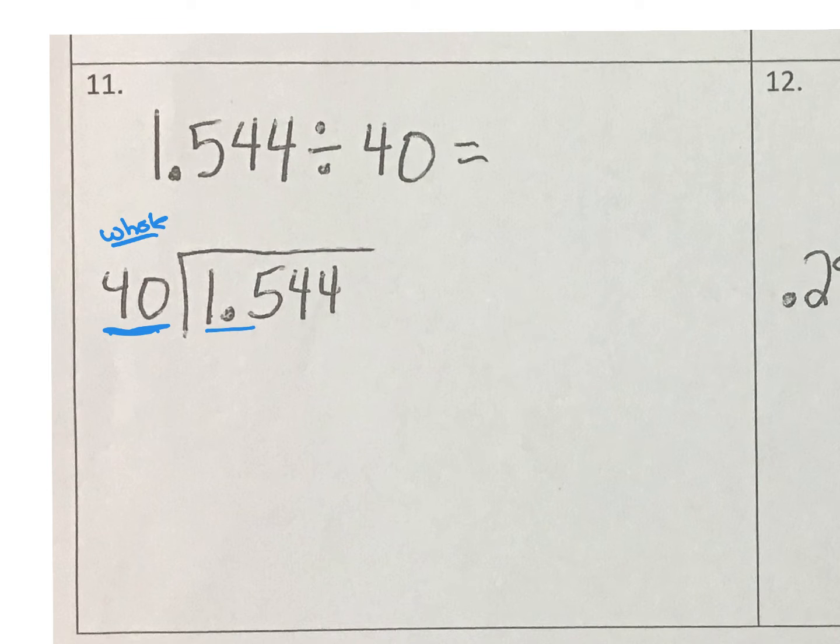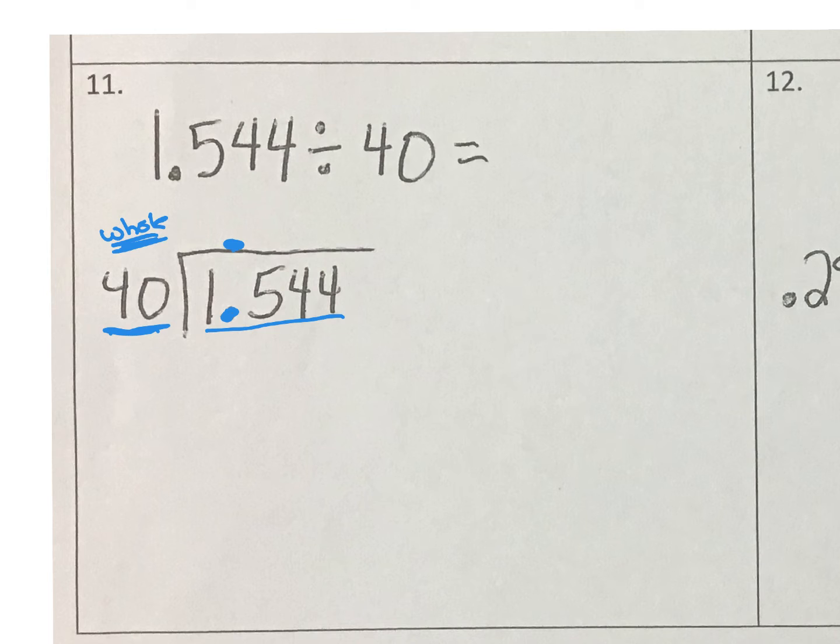Then I look in here, and if this has a decimal, with this being a whole number, all I do is I take the decimal and I move it up top. Okay? And then I'm done with my decimal. Now it's just like 1544 divided by 40. And so let's do that.